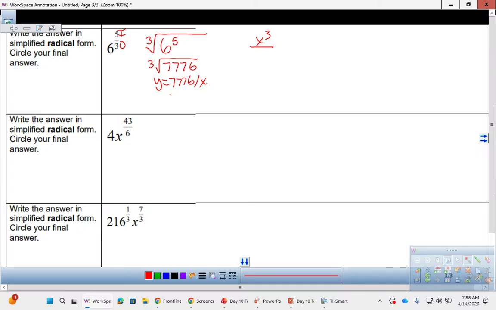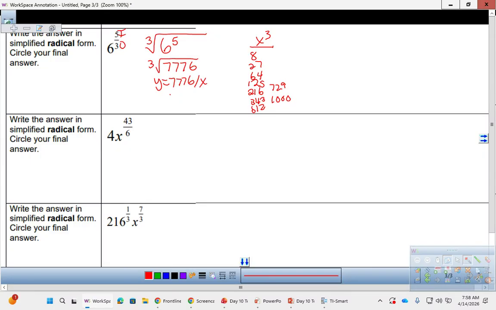There's a lot of possibilities here for this one. It could be 8, 27, 64, 125, 216, 343, 512, 729, 1,000. This number's pretty big, so all of them are possibilities here.